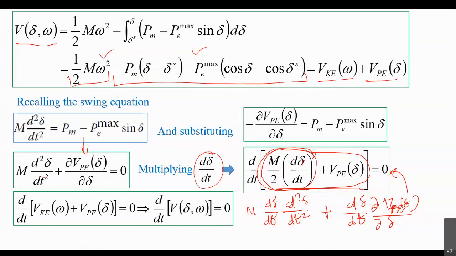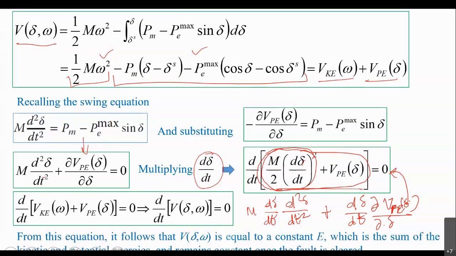So I can write this as d by dt of Vk omega plus Vp delta, that is equal to 0, which is nothing but d by dt of the energy function equal to 0. From this equation it will follow that V of delta omega is equal to a constant E, because the derivative of this term is 0.